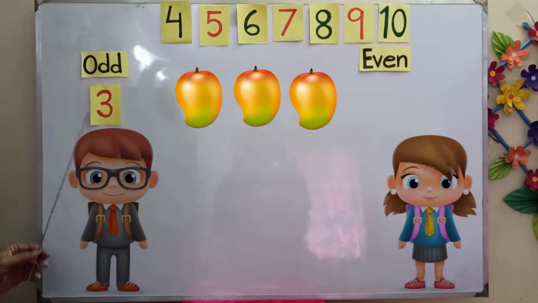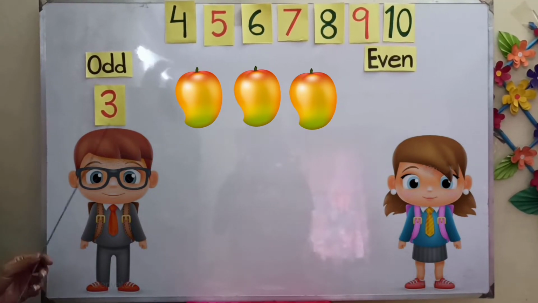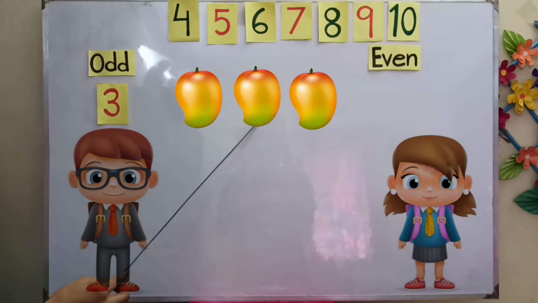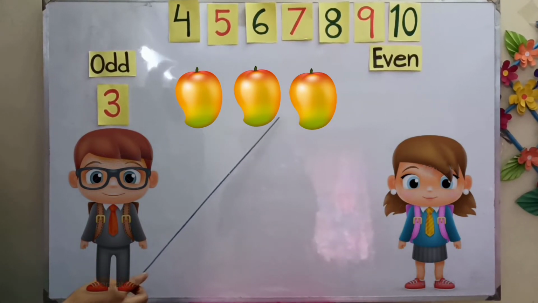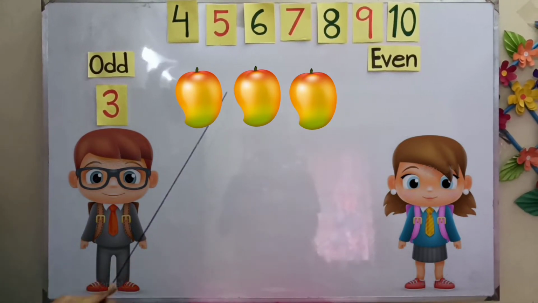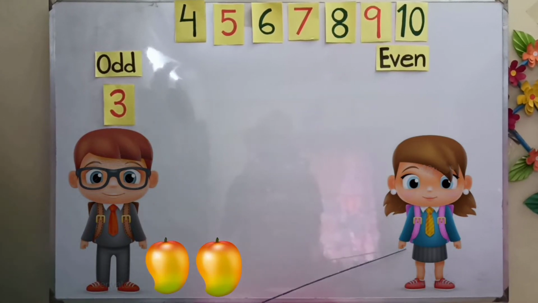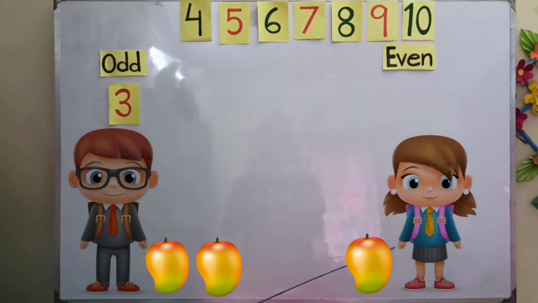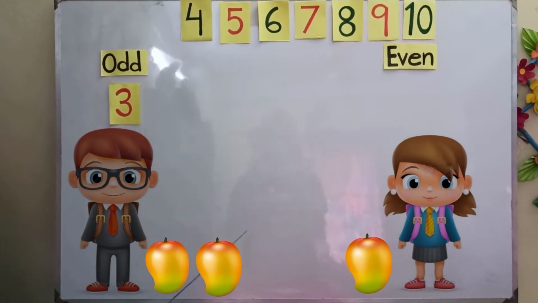Now, number 3. Number 3 is an odd number because you can see how many mangoes there are? 3 mangoes. And I can't share them equally among Tony and Molly. Tony is getting 2, Molly is getting 1. So, they are not making a pair and they are not getting equally.